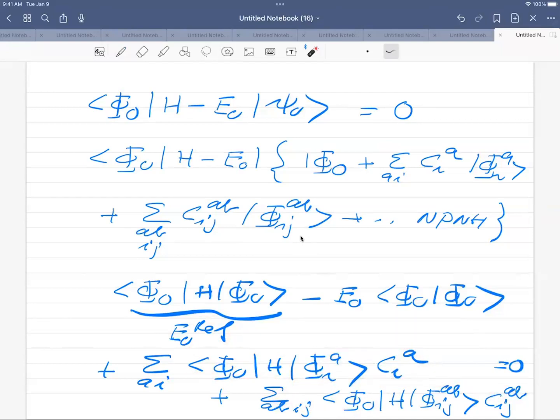So I'm going to show you this again and again because it forms the starting point for different many-body methods. So different many-body methods imply approximations to the way you obtain these coefficients. As it stands now, if you can calculate, diagonalize, then you have the answer here. And then you know what these coefficients are.